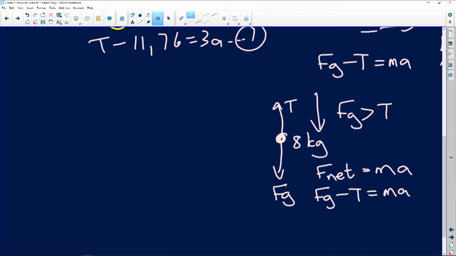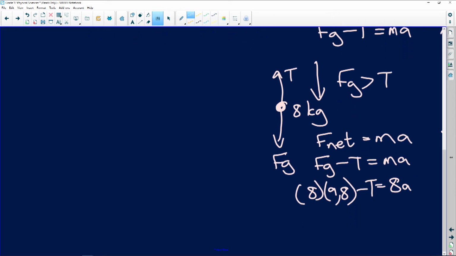So the force of gravity for the 8 kg object is going to be 8 times 9,8 minus T equals 8a. Okay, and so now we're going to get 78,4 minus T equals 8a. And there's our second equation.